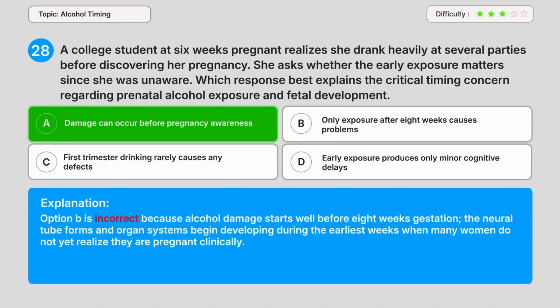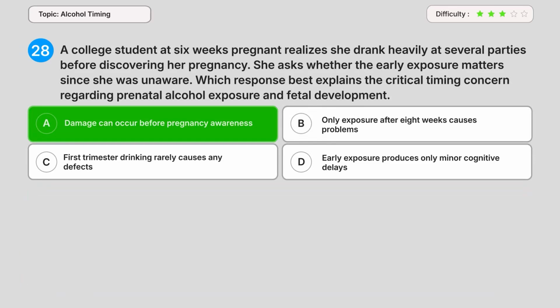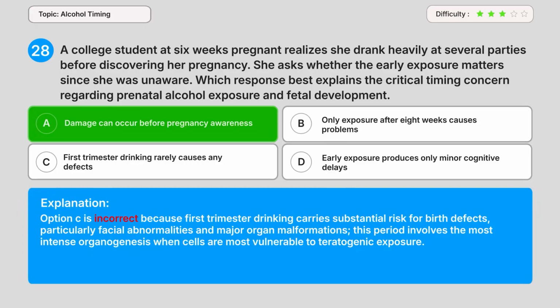Option B is incorrect. Because alcohol damage starts well before 8 weeks gestation, the neural tube forms and organ systems begin developing during the earliest weeks, when many women do not yet realize they are pregnant clinically. Option C is incorrect because first trimester drinking carries substantial risk for birth defects, particularly facial abnormalities and major organ malformations.